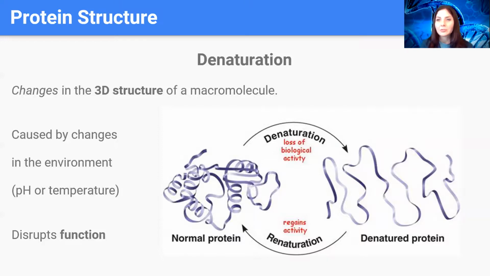Now, many times whenever this happens, it can cause the protein to basically just go back into that primary conformation. And if it goes back into favorable or ideal conditions, then it can renature, meaning go back into a functional protein. Now, sometimes we can actually break up those polypeptide chains, and in that case, that protein would be non-functional permanently.